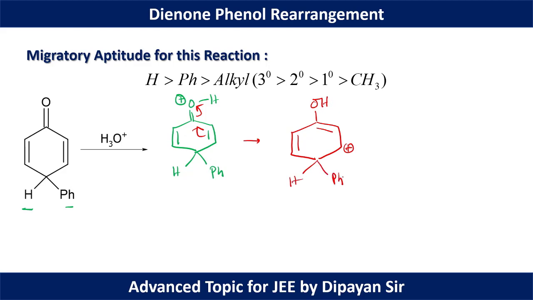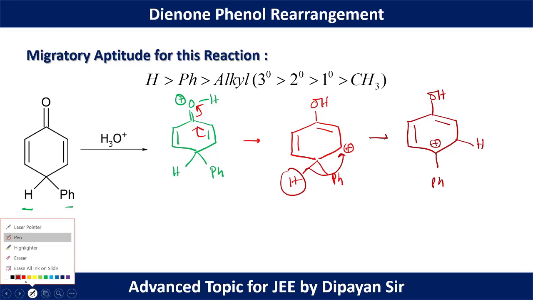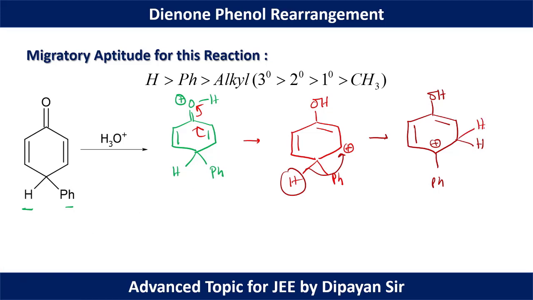We can migrate phenyl ring, we can migrate hydrogen, but according to the migratory aptitude we have to migrate hydrogen. So this H will migrate and this kind of final intermediate is formed. Now to get aromatic stabilization, one of the hydrogens will be cleaved and finally we will get this product.